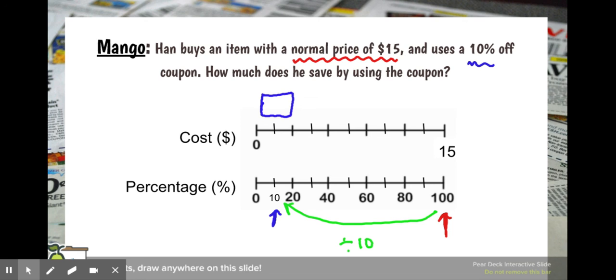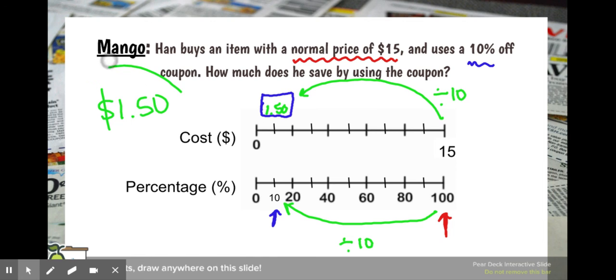What I do to the top, I must also do to the bottom. So I have to do 15 divided by 10. When you use your calculator this time, you are going to find that your answer is $1.50. So I know that he is going to save $1.50 by using this coupon.